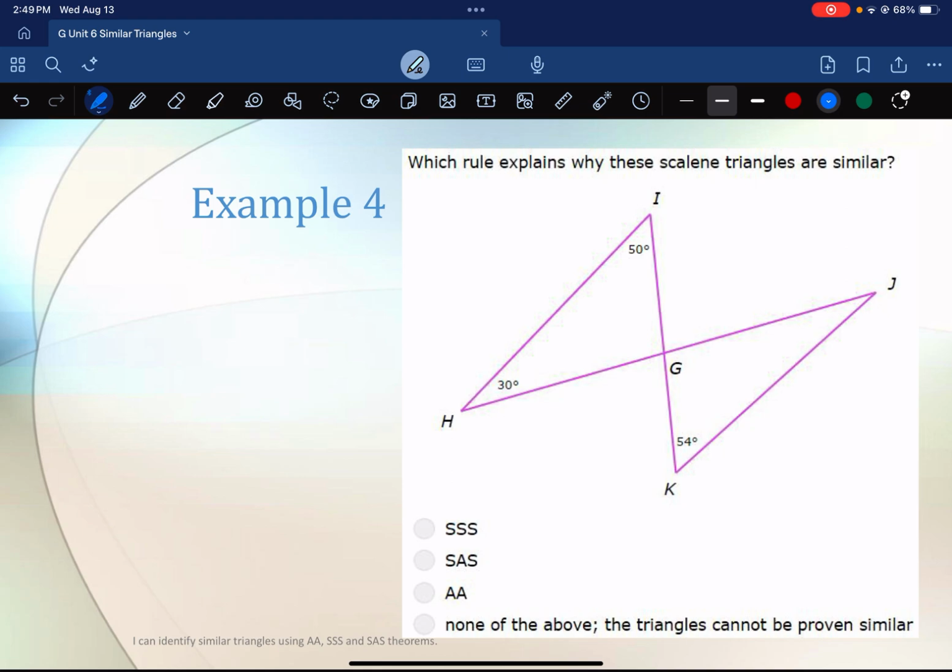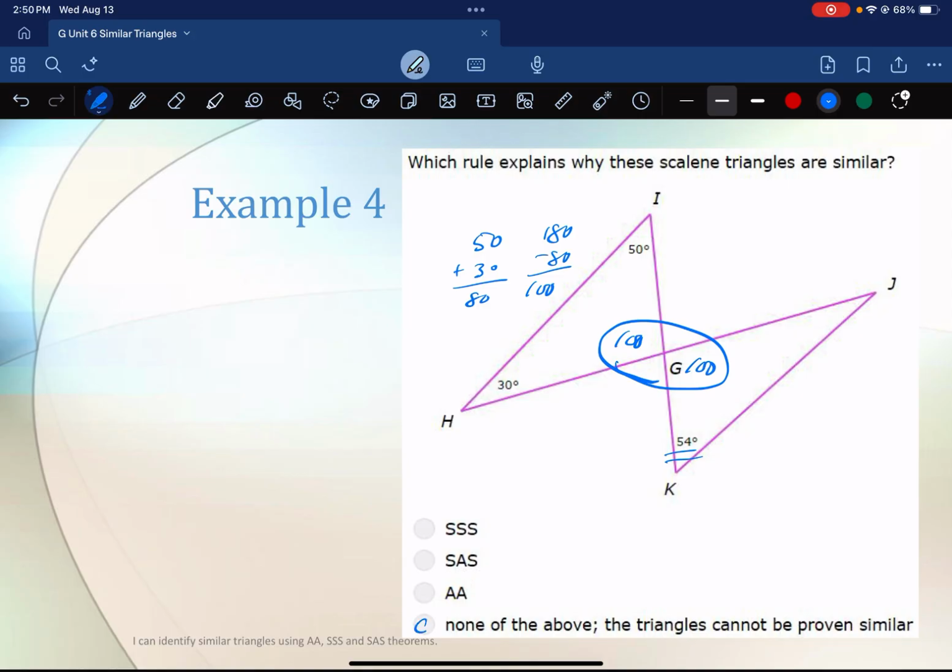Hopefully you just did a little work here, and 50 plus 30 is 80, and 180 minus 80 is 100. So that's 100 and that's 100. Well, I don't have two matching pairs. Here's one pair that match, but the 54 doesn't match either one of those.